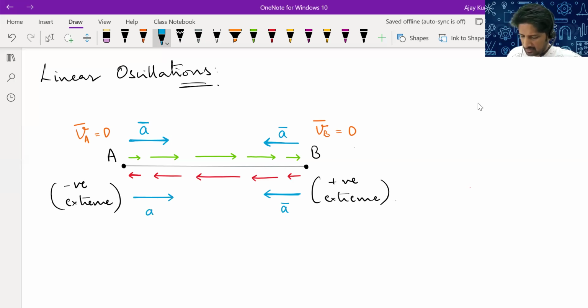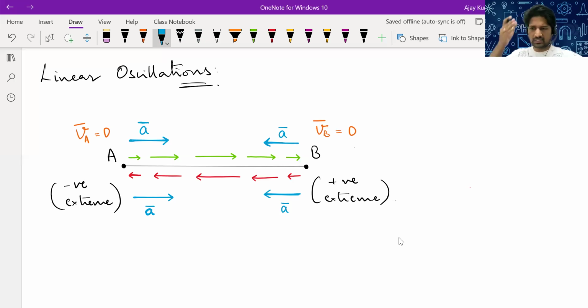What we are noting down here are some basic characteristics of oscillating systems. For now we have restricted our discussion to linear oscillations, oscillations on a straight line. At extreme positions, the velocities are zero. Close to the negative extreme, acceleration will be to the right, in the positive direction, and close to the positive extreme, acceleration will be to the left, that is in the negative direction.